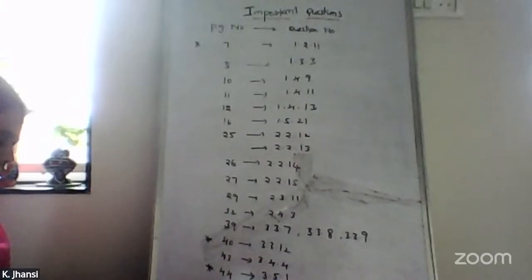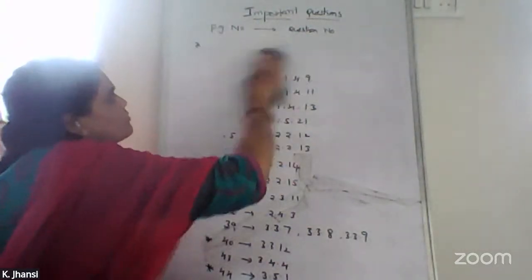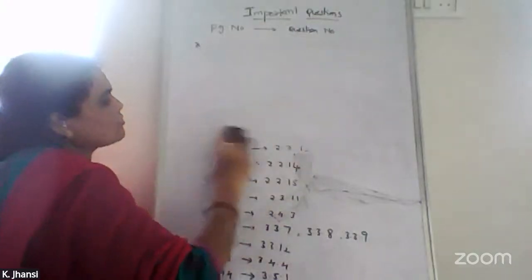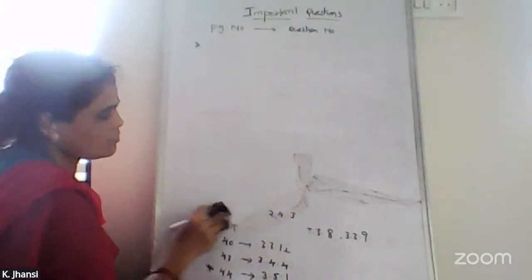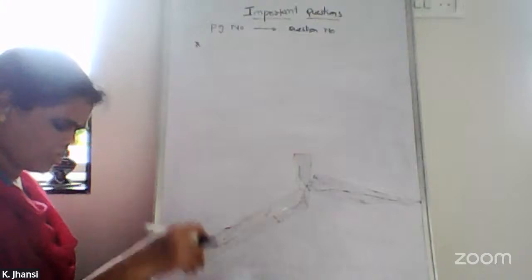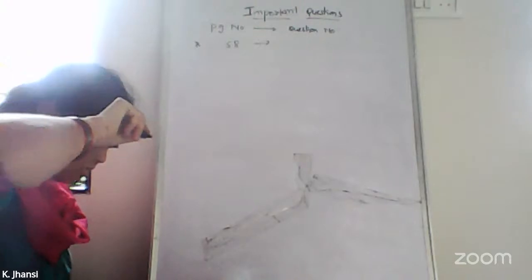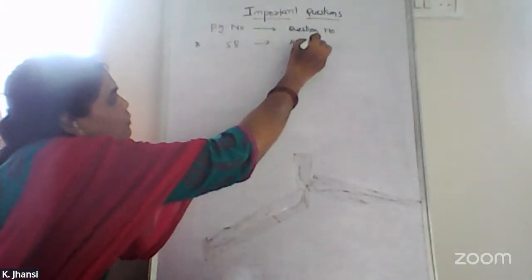So block 1, these are the important questions. Next in block 2. Page number 58, 4.3.12.